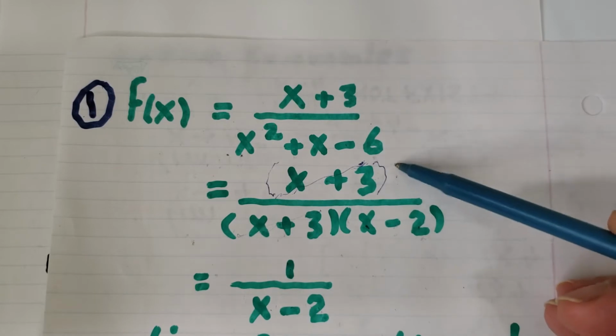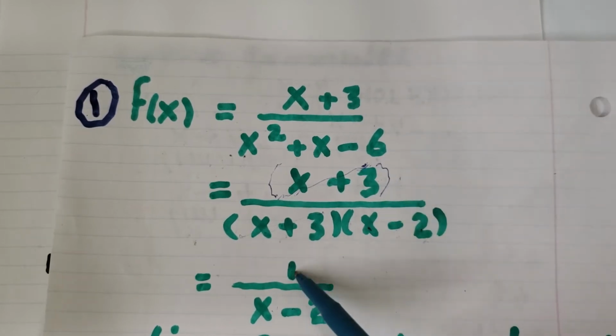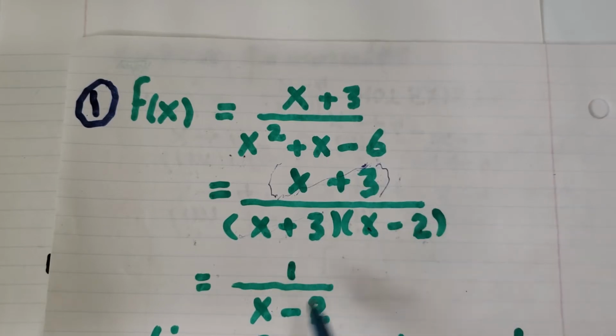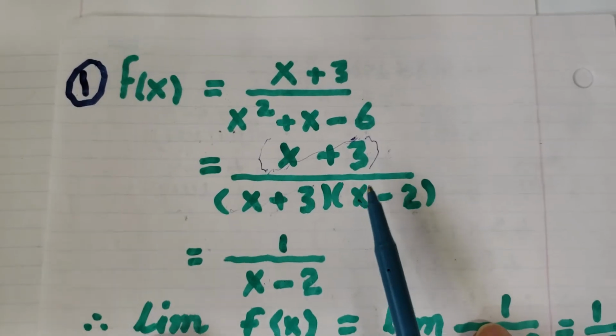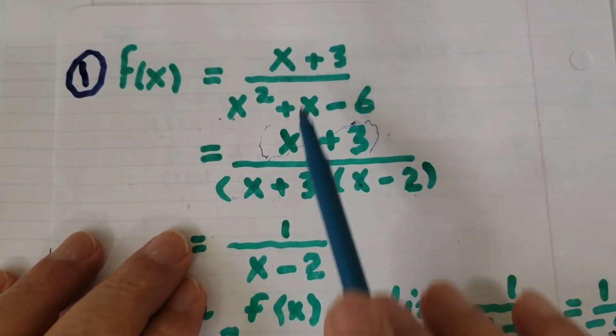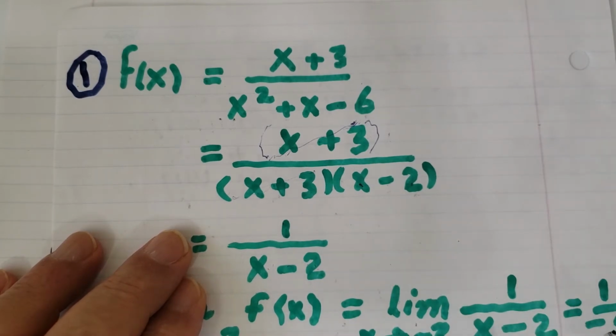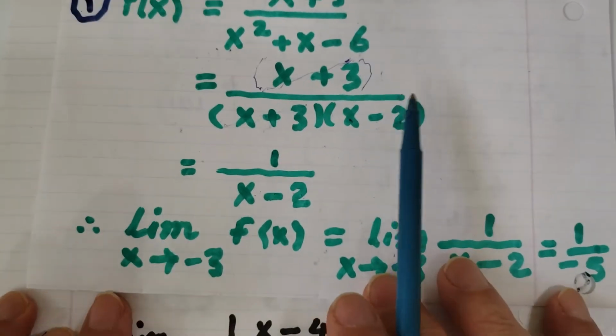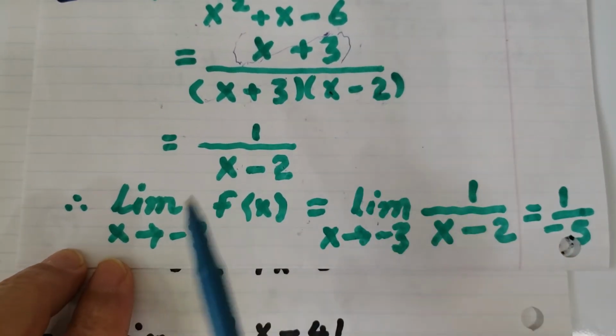Here stays 1, and the bottom stays x minus 2. Despite the shape of the function being changed, the domain should still be the same, not changed. Okay, now we make the substitution.